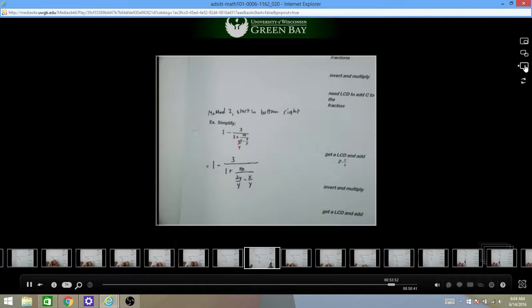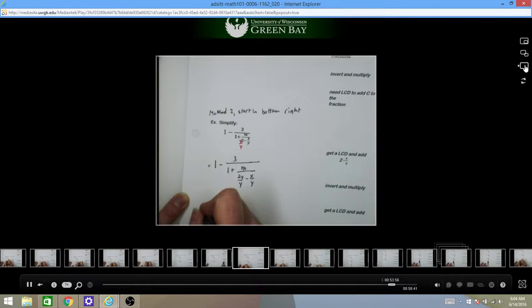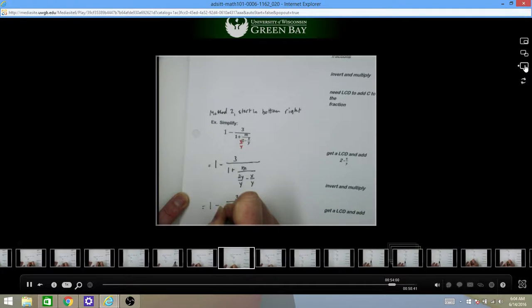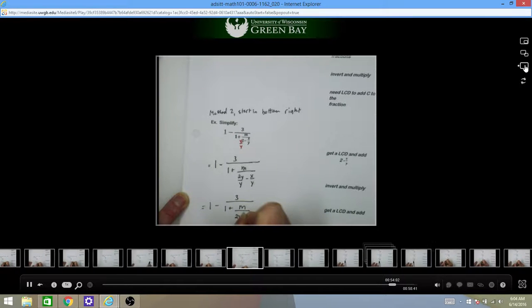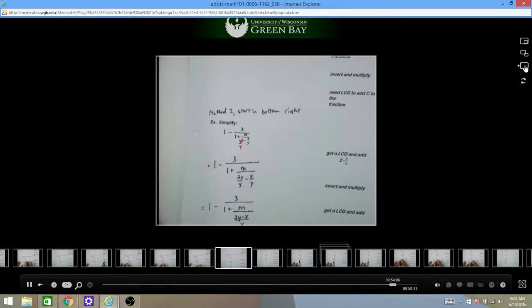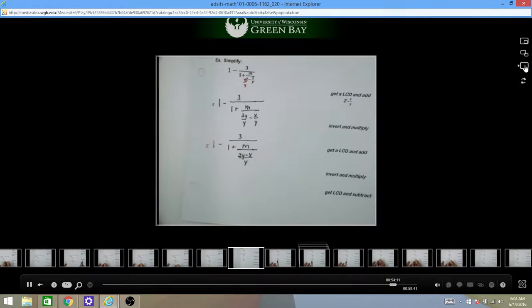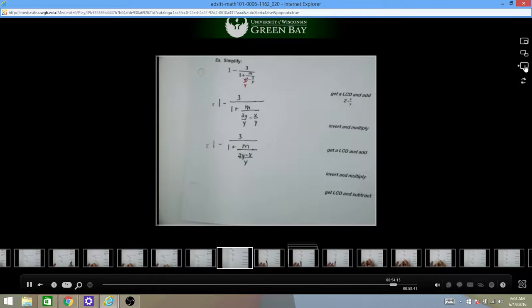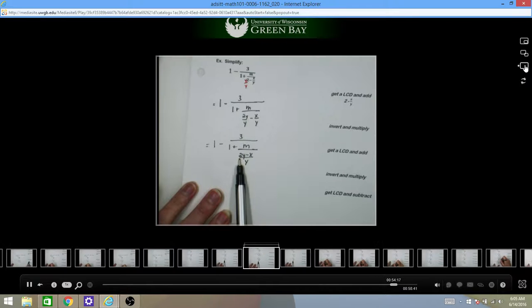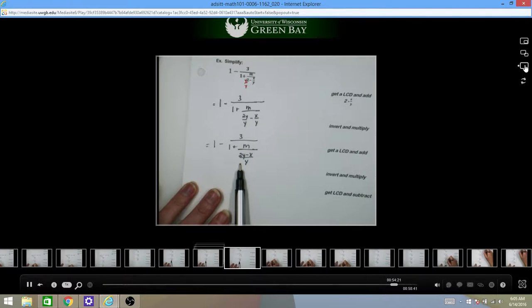So we're just following the directions on the right here, okay? So we have 2y minus x over y. So we're working in the bottom right, and we have now 2y minus x over y in the bottom right. So we keep working in this little complex fraction right here, and we flip over the 2y minus x over y and multiply times m.